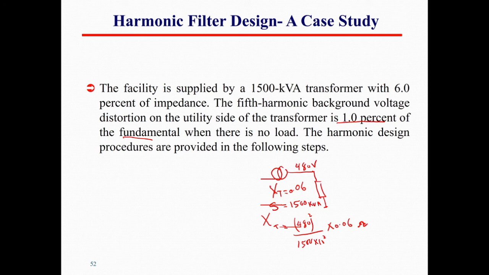And also he said that we have a fifth harmonic background voltage distortion on the utility side of the transformer, which is 1%. The fifth harmonic of the voltage is equal to 1% of the fundamental voltage.